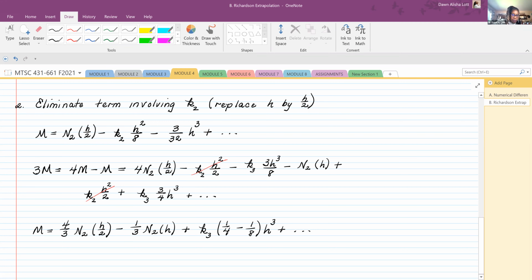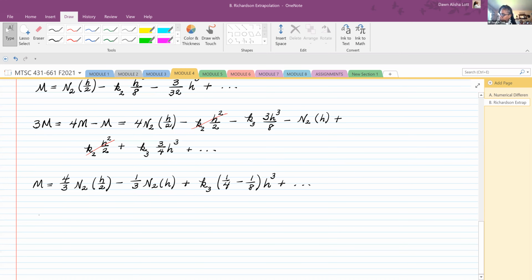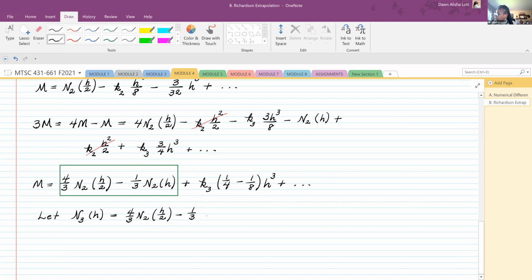And so now I'm going to write N3 of H is going to be this piece here. So this piece is going to be N3 of H. So it is 4/3 N2 of H over 2 minus 1/3 N2 of H. But I'm going to write it in a nice, cool way.